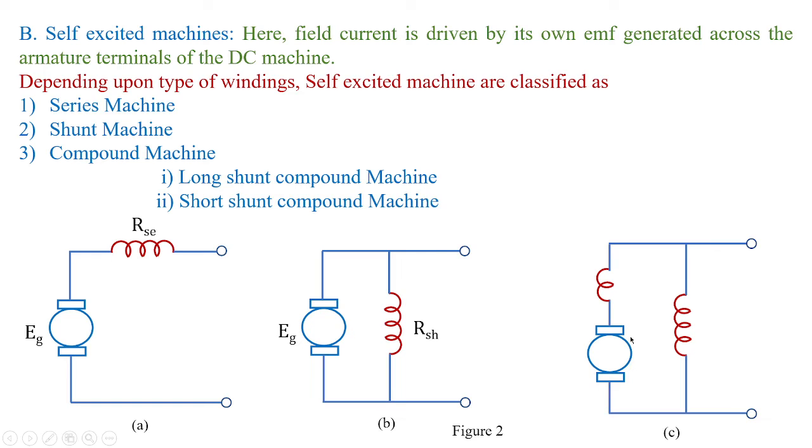What we need to remember is that in the case of a generator, the generator voltage would be Eg, having internal resistance Ra that is connected in series with Rse, and this entire combination is connected parallel to RSH. So this is how the broader classifications are made under self-excited machines: series, shunt, and compound.